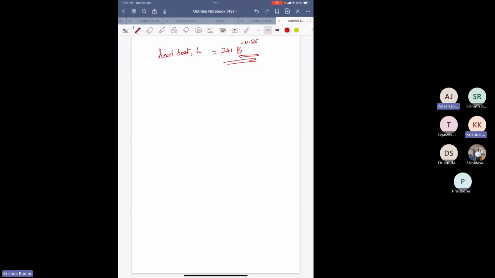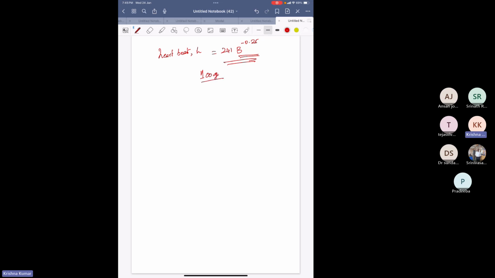So let's see why. Sir, this equation is already derived and it's ready for heartbeat, for mice, humans, everything same? Yes. Interestingly, it is for all mammals. Okay. So let us now substitute and see. 100 grams mice, right?